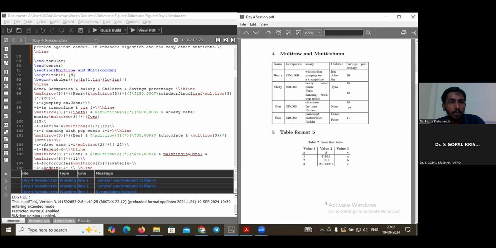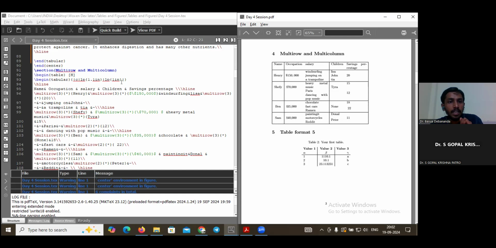Now how many columns are there? Three columns: this is 1, this is 2, this is 3. Here I want center, here left alignment, and p{1.1in}. I want a column width of 1.1 inch.